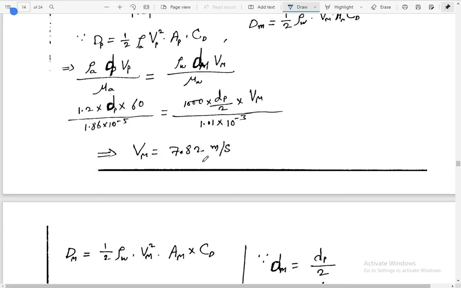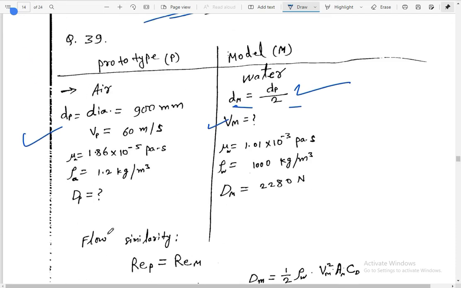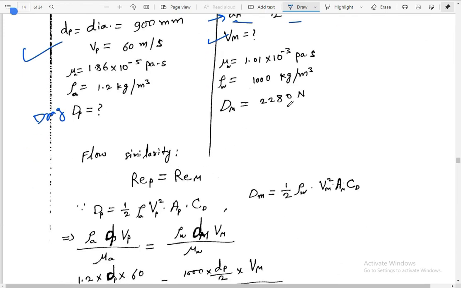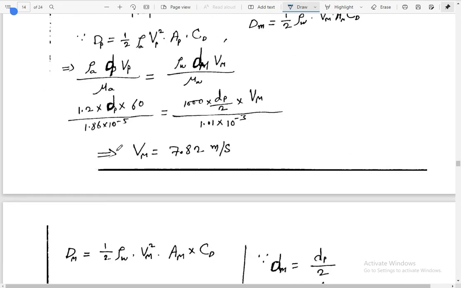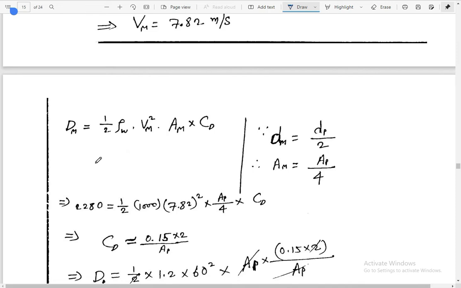This is the drag value. This is the diameter value. The drag of model is given as 280 Newton. So what is the drag of prototype? Drag of model formula is 1 by 2 rho w Vm square Am into Cd.